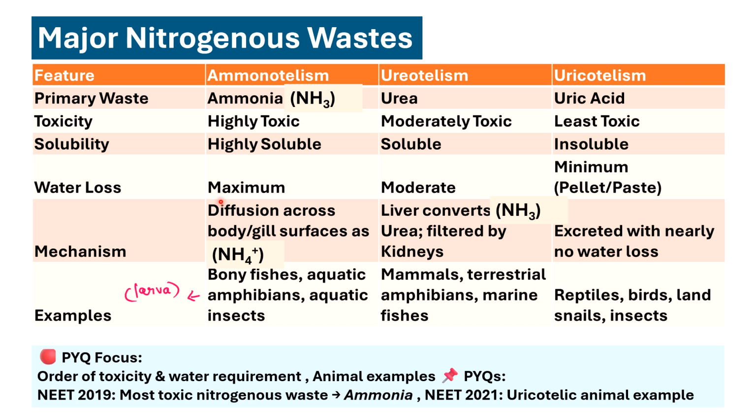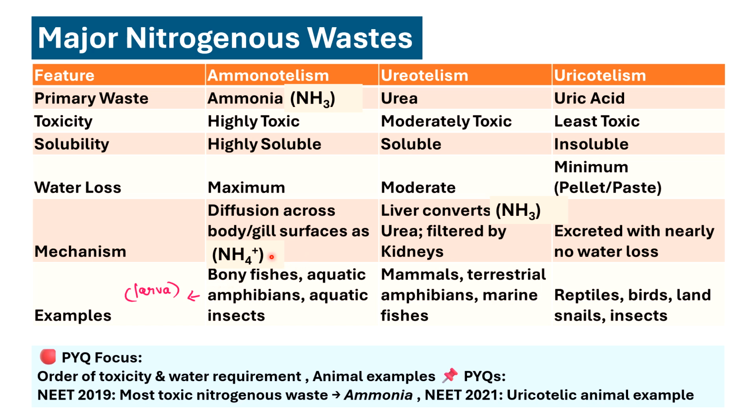Because they have a lot of water, so they can use that water in order to expel the byproduct as ammonia. So mostly we see ammonotelism in bony fishes, aquatic amphibians and aquatic insects, and the mechanism in which it is released is through diffusion from body surfaces or through the gills. Mostly in the form of ammonium ion or NH4+ ions.